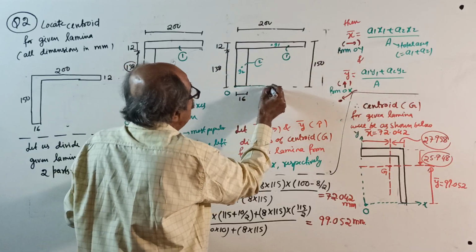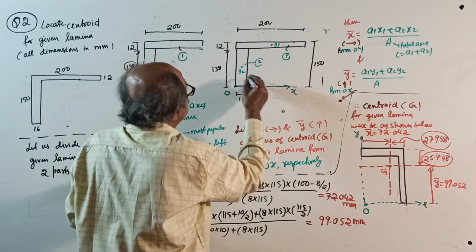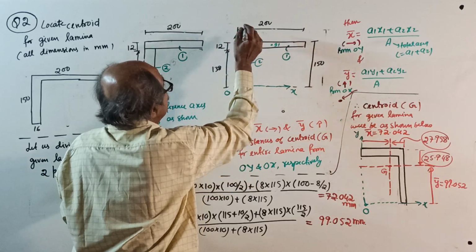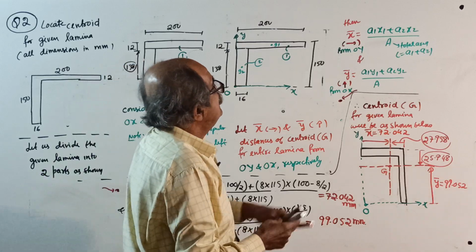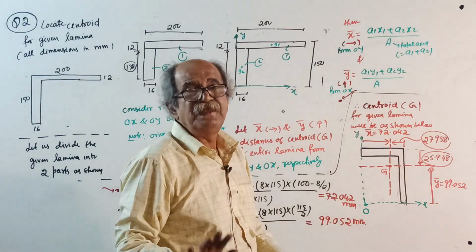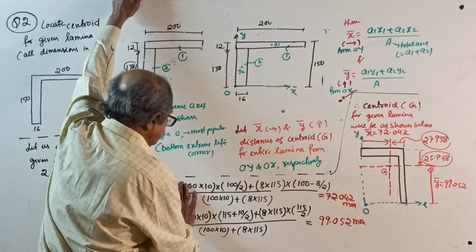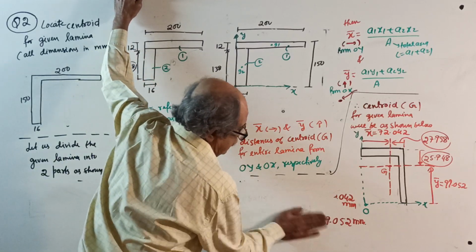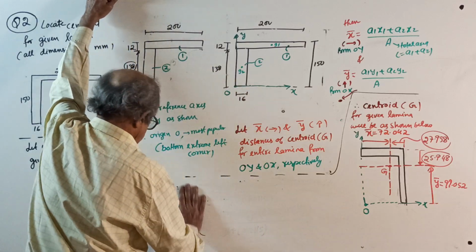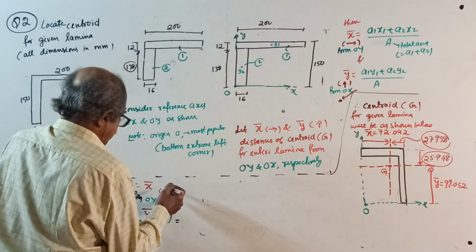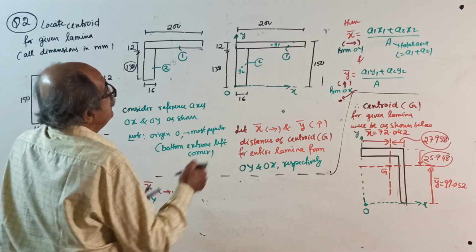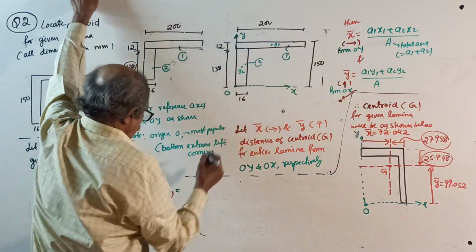So now this will be your x, and this way will be your y, the same as last time. So this expression remains same, but the calculation will change. No table required. X bar equal to A1, 200 by 12.